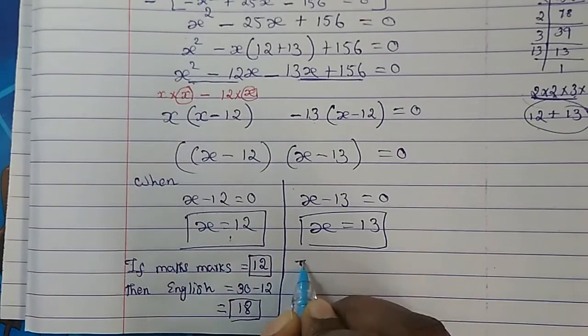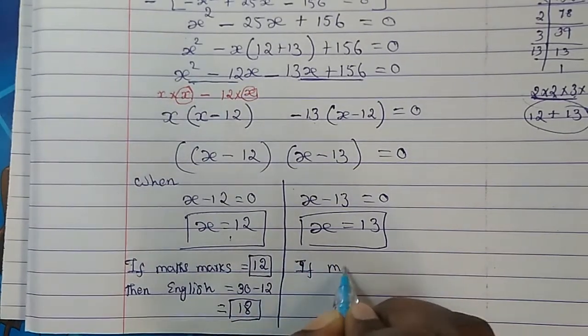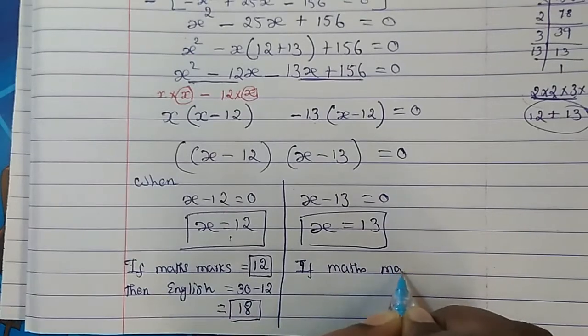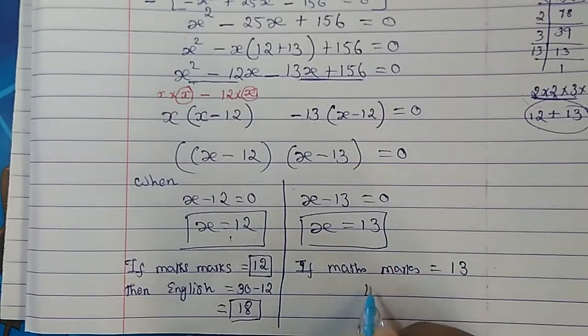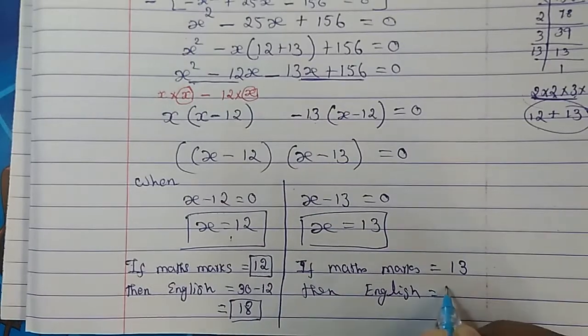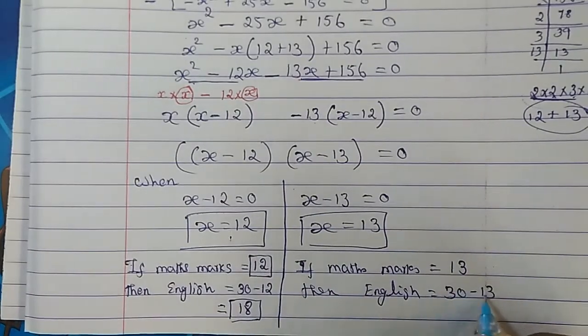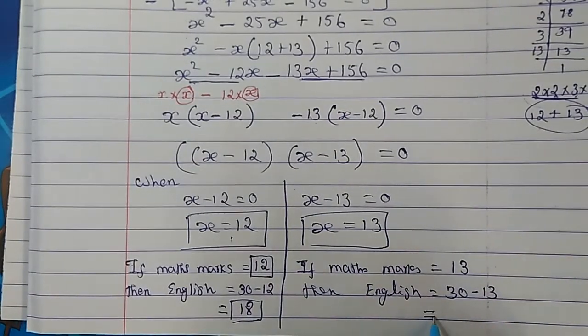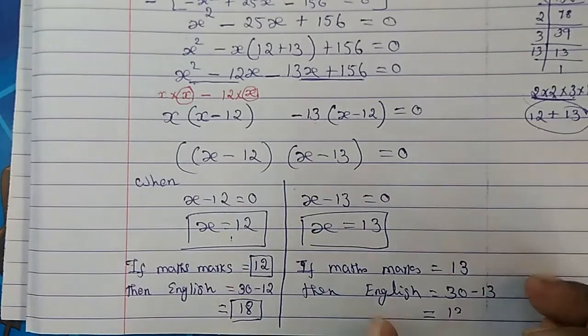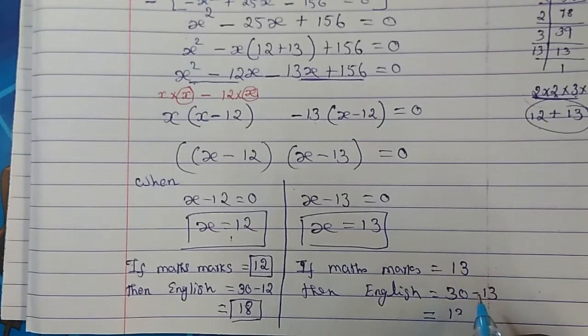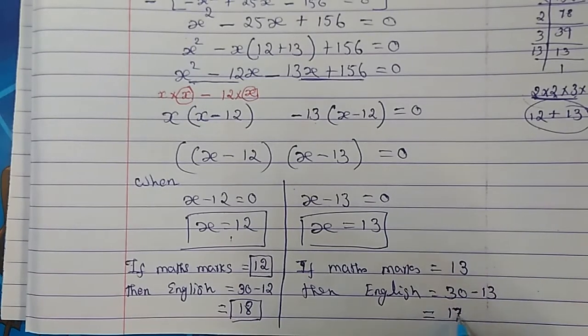Then if maths marks are 13, then English marks will be 30 minus 13, which gives us 17.